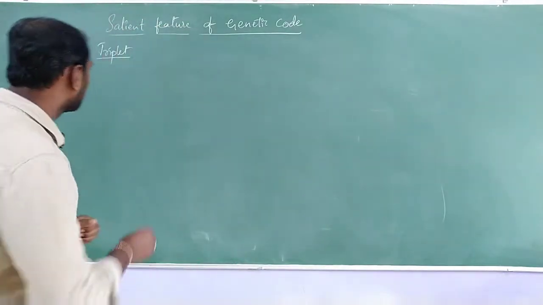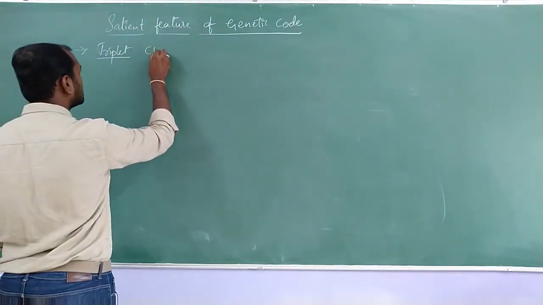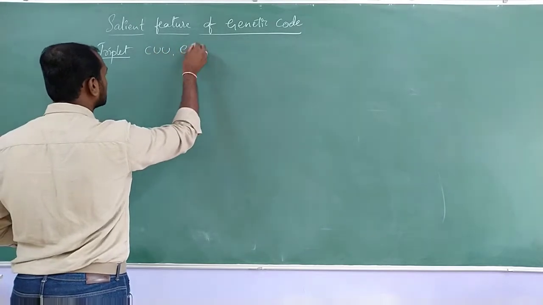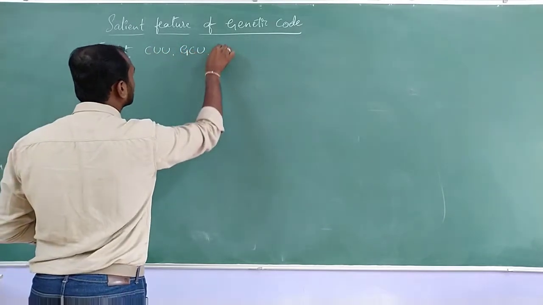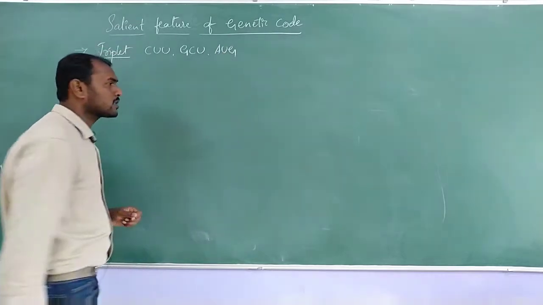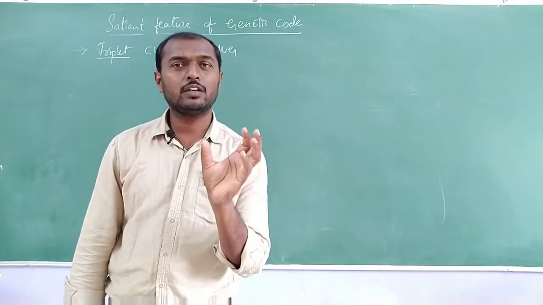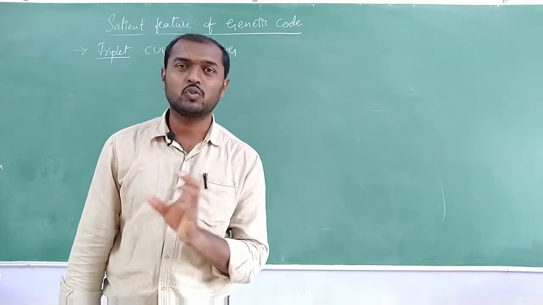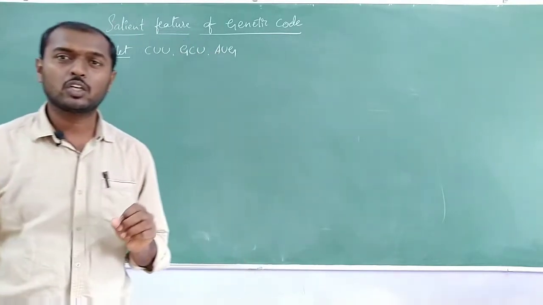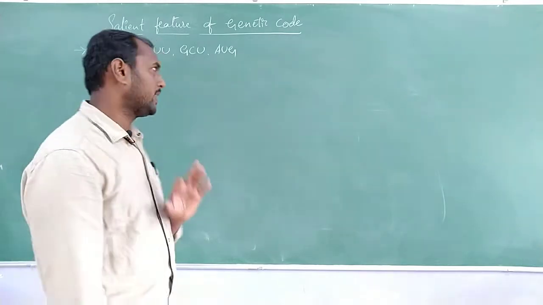For example, you can say CUU or GCU, AUG, somewhat like this. The genetic code is always made up of 3 nucleotides. That is what we call genetic code is always triplet.